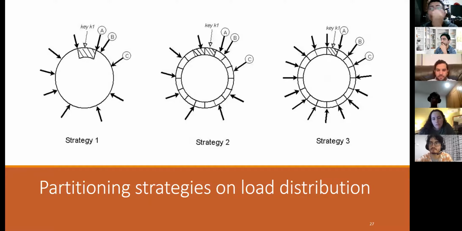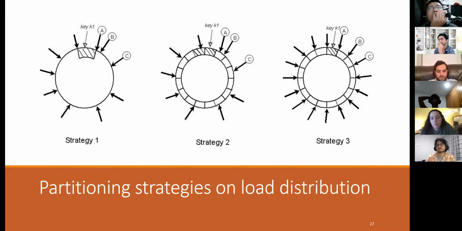So the 2 other strategies were evaluated in order to tackle these challenges. Strategy 2 is T random tokens per node and equal size partitions. The advantage of this strategy is that it decouples partitioning and placement of the data, and this enables the possibility of changing the placement scheme at runtime.